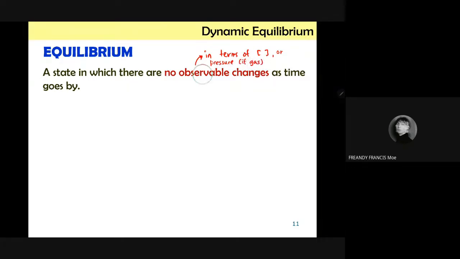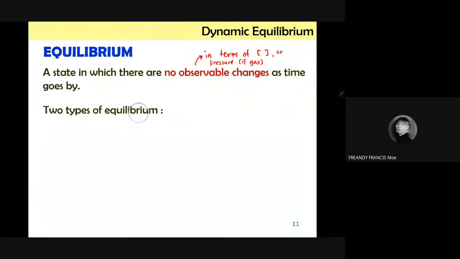Ini dalam konteks yang kita nak tengok chemical equilibrium. Tapi equilibrium boleh juga jadi dalam bentuk suhu pun boleh equilibrium juga. Dan dia ada macam-macam lagi lah. But in this context, we want to focus on the concentration and the pressure kalau gas. So a state in which there are no observable changes. Tiada perubahan yang boleh kita lihat. Walaupun masa telah berlanjutan.